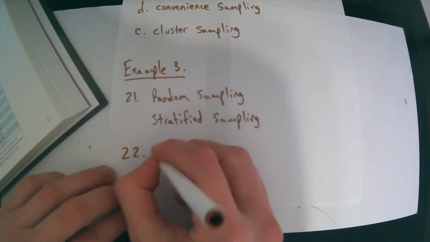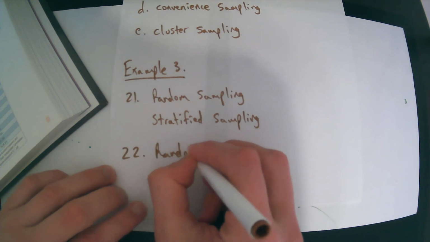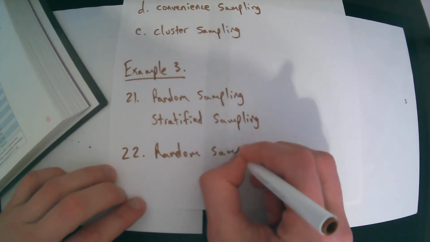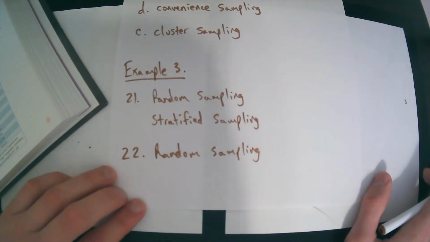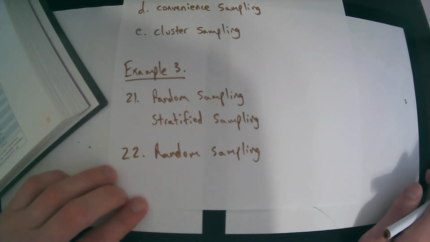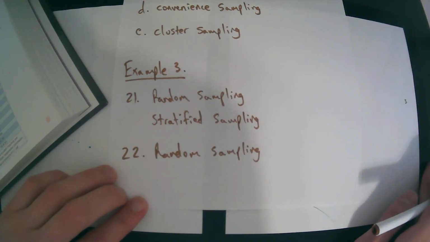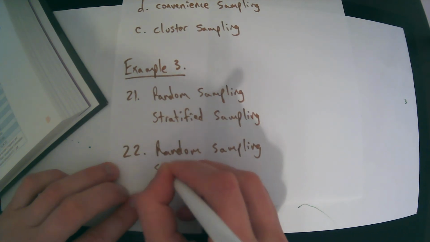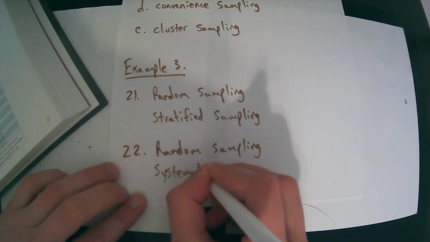Random sampling, again, sounds good here. Just randomly have a computer randomly select 100 people. Maybe systematic sampling. They could pick every 12th person. I think that would be okay here too. Systematic sampling.